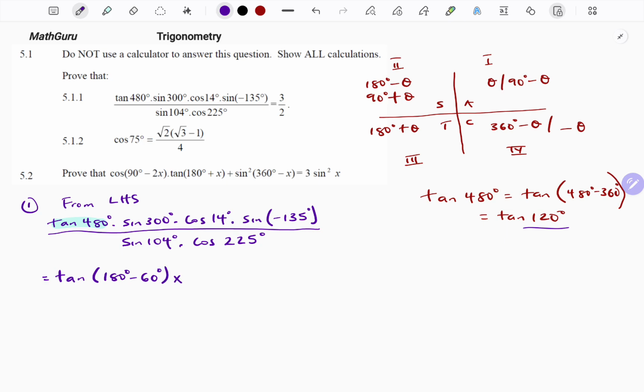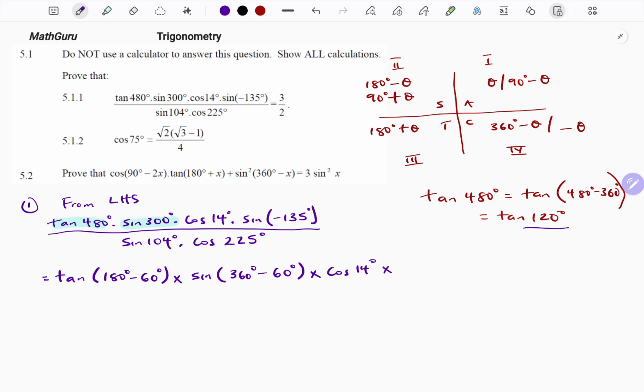Then I move to the next one, that is the sine of 300 degrees. If I go to my CAST diagram, 300 degrees falls in the fourth quadrant, so I'll be using 360 minus theta. So that will be the sine of 360 minus, to make 300, I need to take out 60 degrees. I'm going to leave my cos of 14 degrees for now to see if there's a cofunction in my denominator.